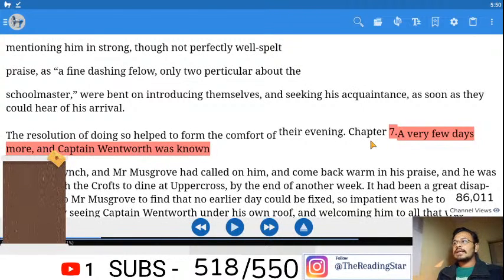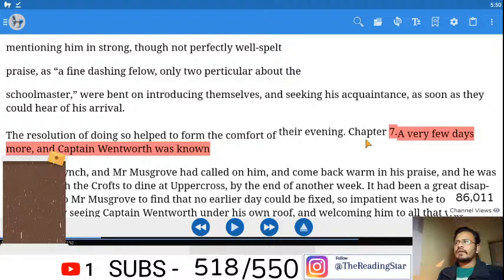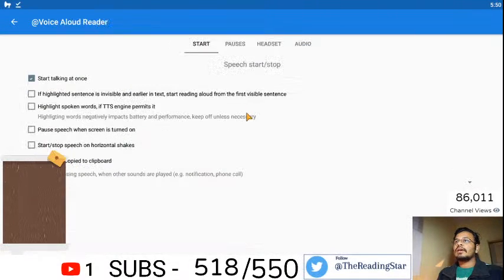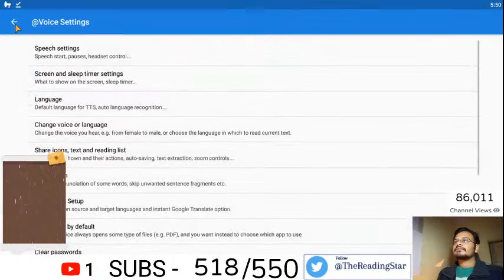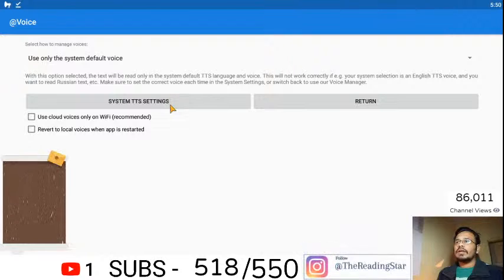My preference is with the voice part. I usually prefer the Google system. Otherwise, if you have a better one, you can use it for yourself. There are various voices available, as you can see, and among these voices you can select any of them.